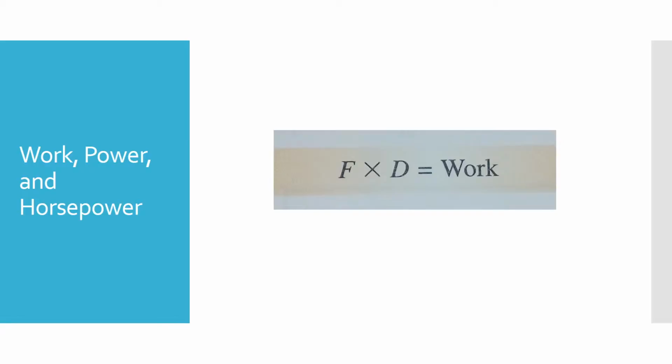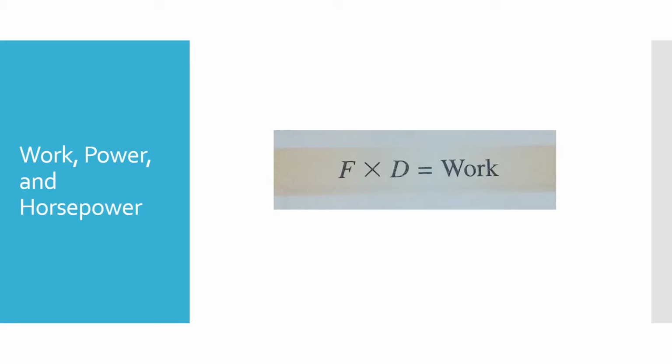Power. Power is the amount of work done based on a time period, such as seconds or minutes. Power is the time rate of doing work. In the last example, 10 pounds was moved 1 foot with no time restrictions.